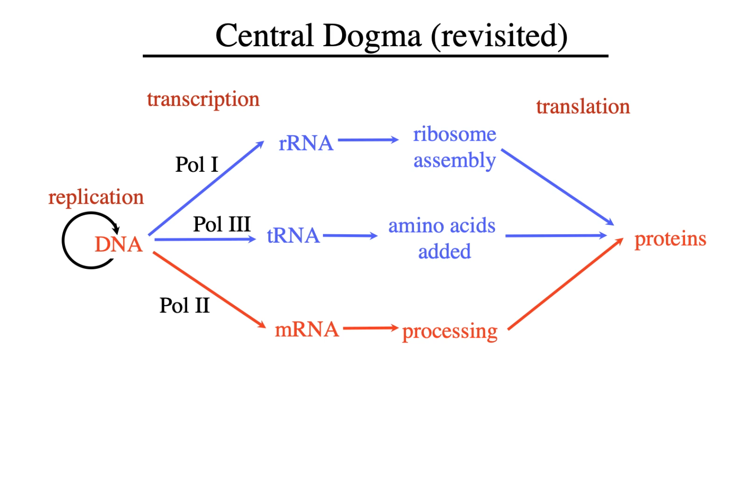This red is essentially the flow of information, and the blue outlined here is the machinery that accomplishes that process, especially the last part, which is translation of the message, the mRNA, into an amino acid sequence or a protein.